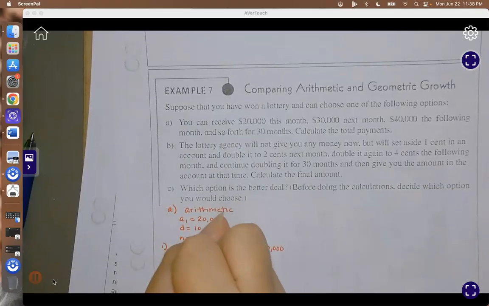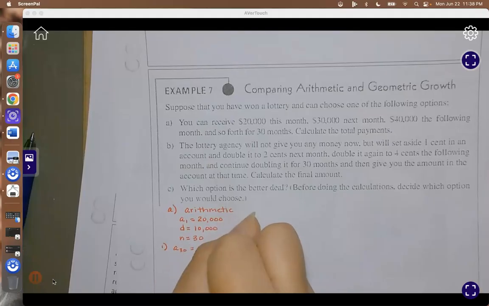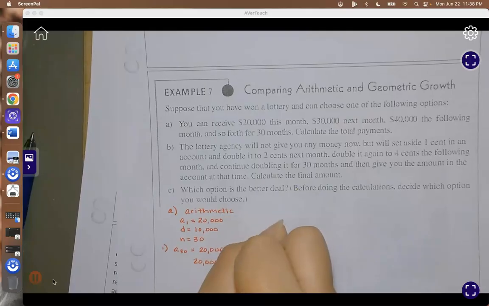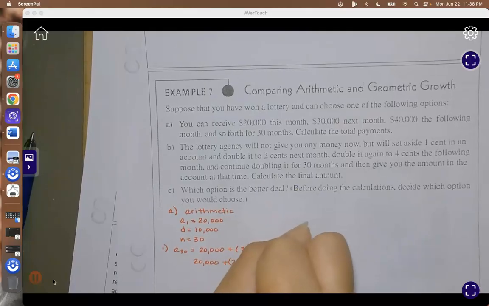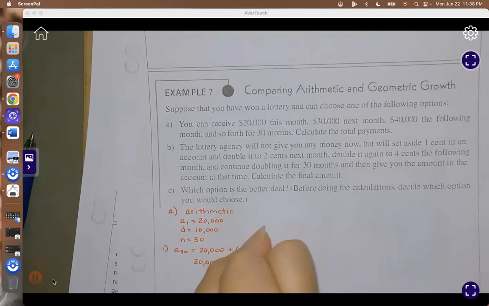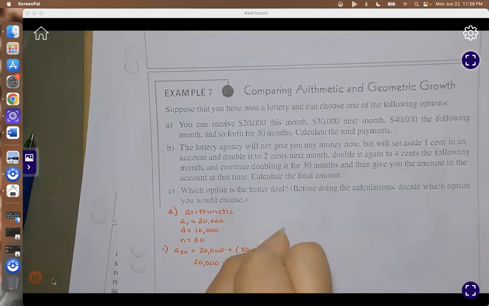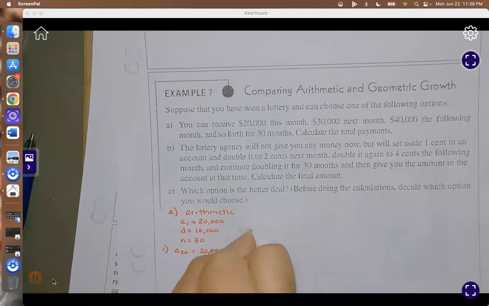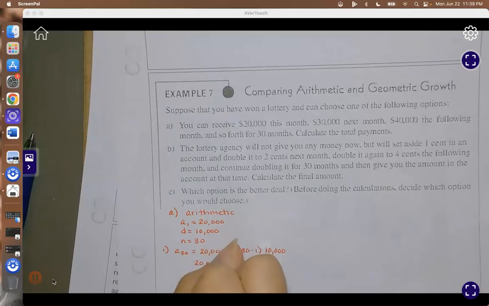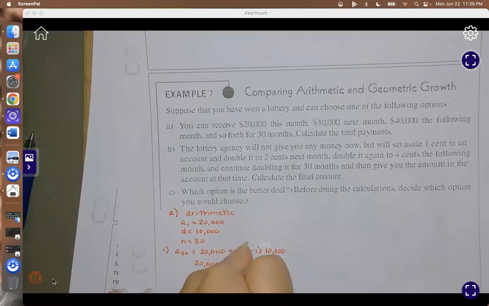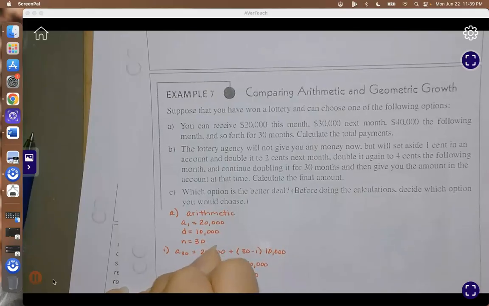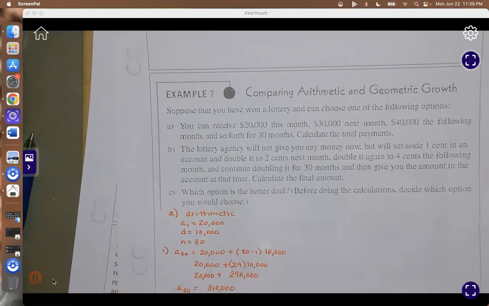So that's 20,000 plus 29 times 10,000. So that's 290,000 plus 20,000. So that's going to be 310,000. That's what you're going to get paid on the 30th payment.